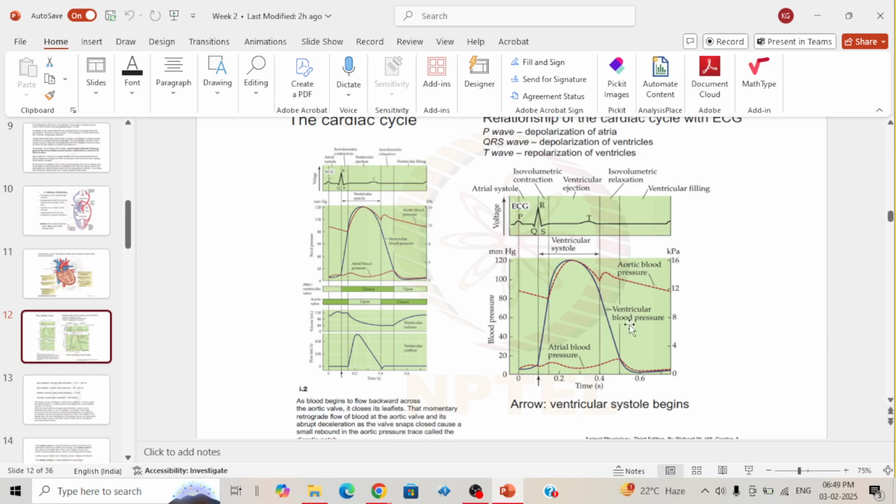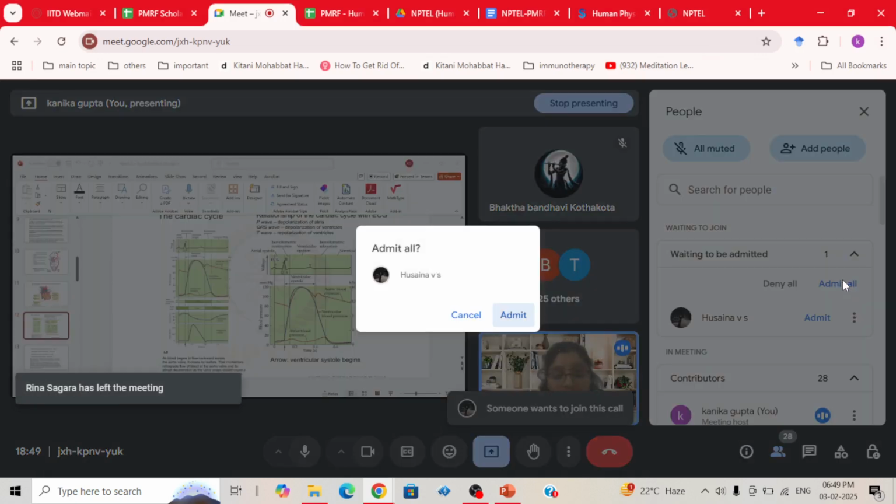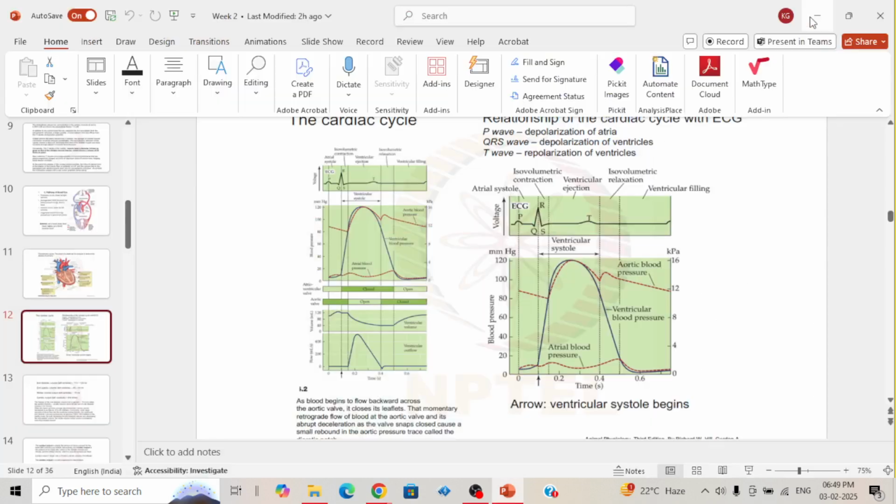There was already blood present in the systemic aorta, and the blood that has flowed from the ventricle to the systemic aorta is at 120 mm of Hg, so the blood pressure inside the systemic aorta is maintained at nearly 100 mm of Hg.